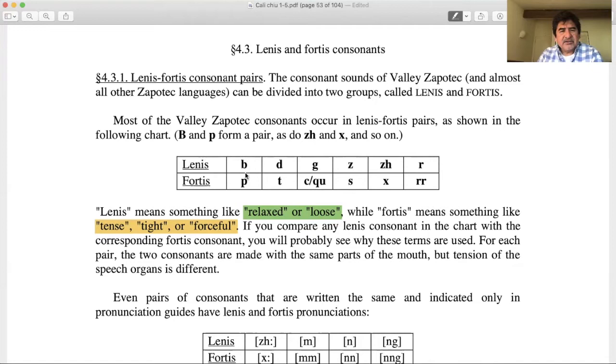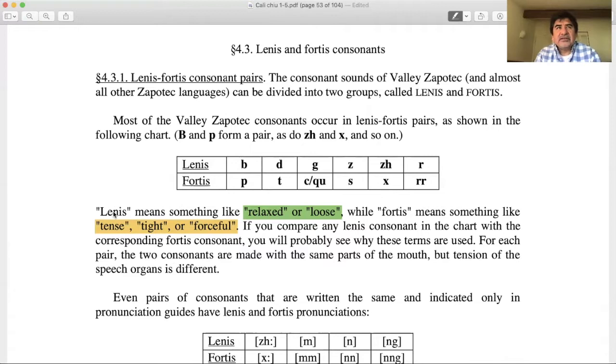We have these pairs, the B and the P, and D and the T. As explained here, lenis means something like relaxed or loose, while fortis means something like tense, tight, or forceful. The best way to show them is by saying them.